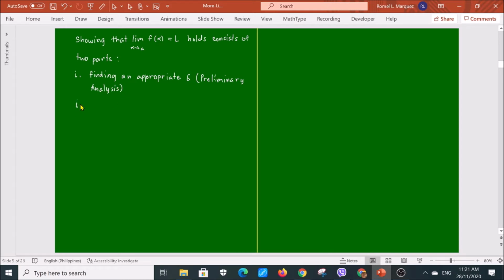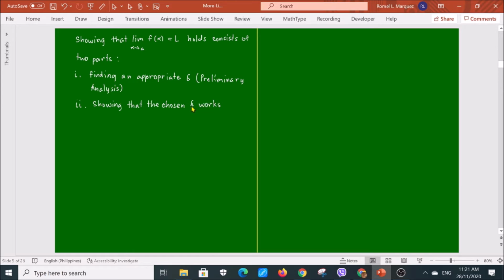And the second part, when you wish to prove that limit of f of x as x approaches a is L, we have showing that the chosen delta works.